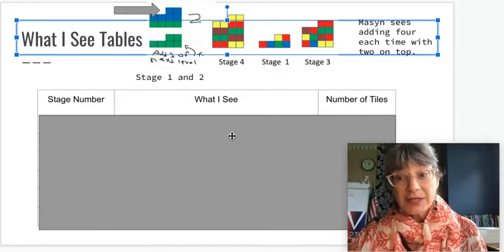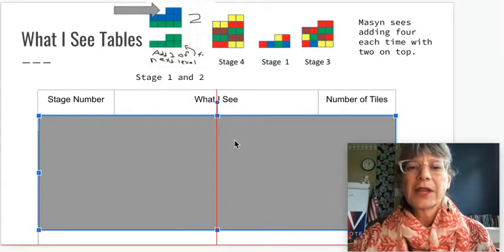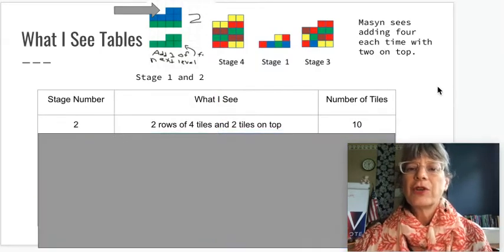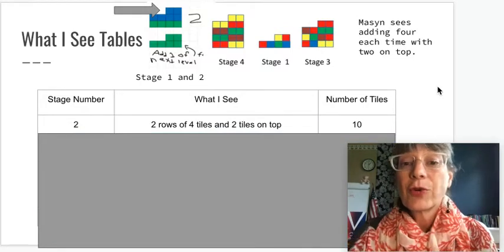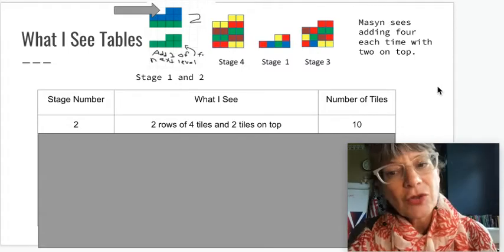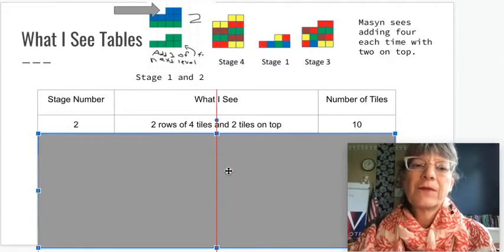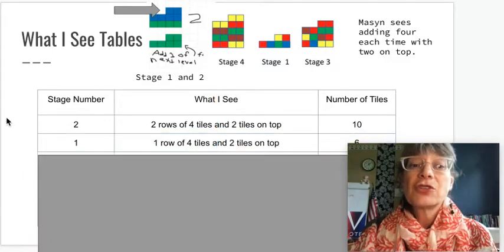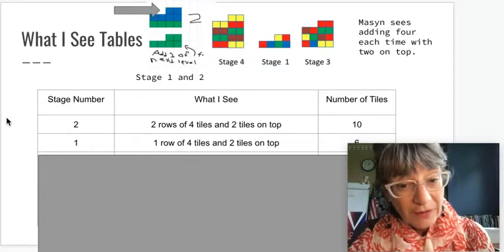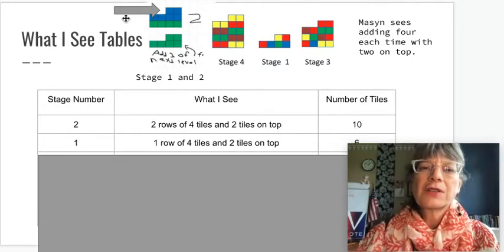So a What I See table for Mason's way of seeing tile stacks would look like this. For stage number 2, there are 2 rows of 4 tiles and 2 tiles on top, making the total number of tiles 10. For stage 1, there's 1 row of 4 tiles and 2 tiles on top.